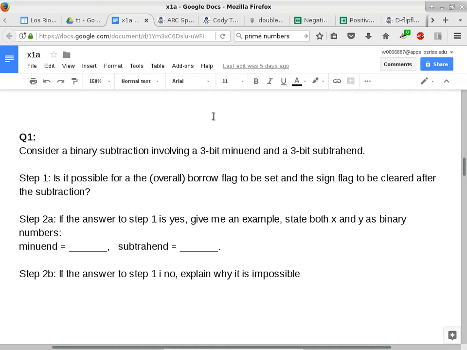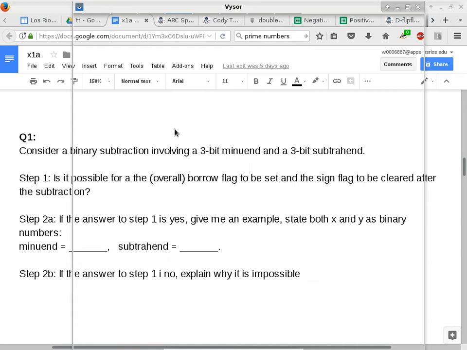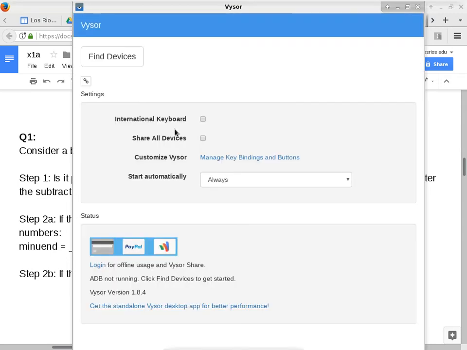Well, let's see whether this works. Okay, so I'm just waiting for my tablet to be connected, and everything is a little bit slow because I didn't drink coffee.